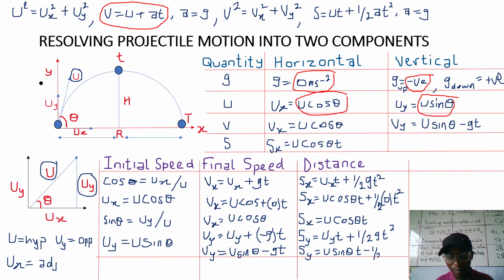The reason why it's minus is because our g is negative along the vertical axis, and this is what we want to achieve on this slide.